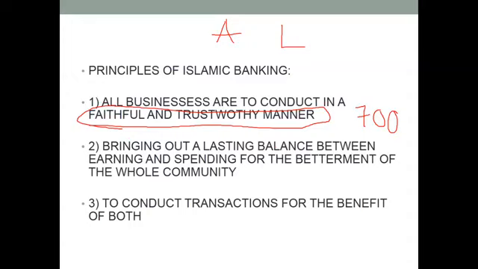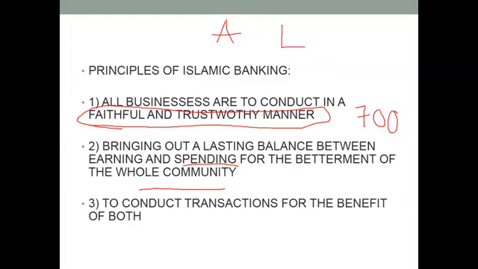So basically, we talk about spending for the betterment of the whole community. We are not supposed to be a 100% capitalist banking system, which is only looking at profit maximization.